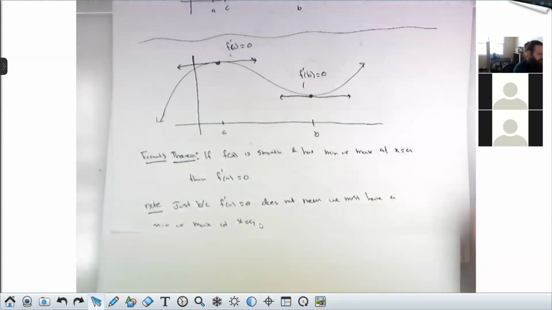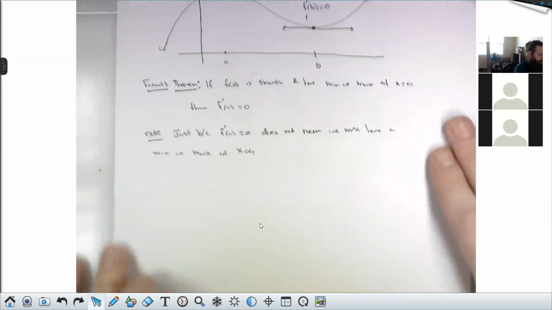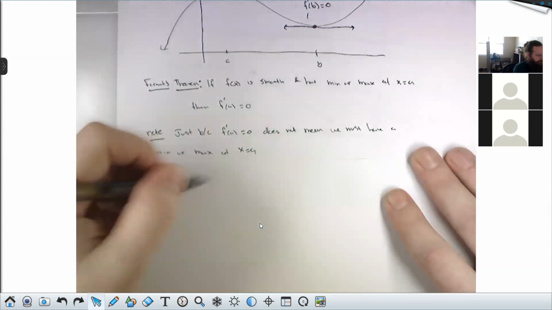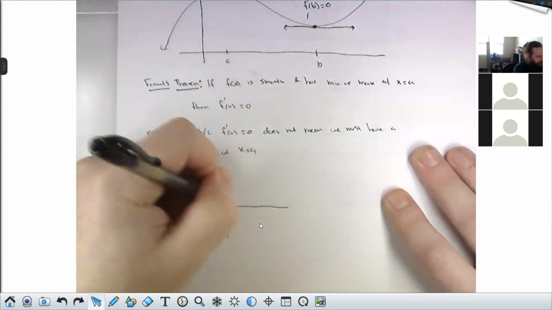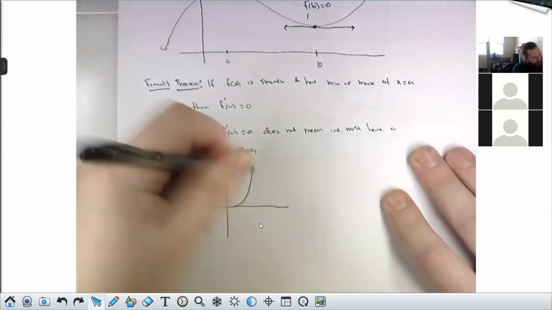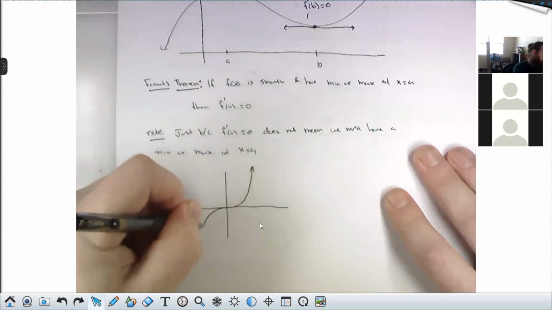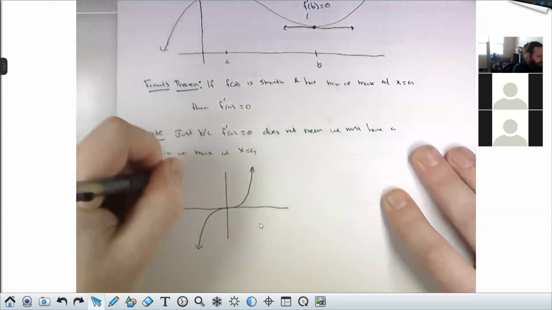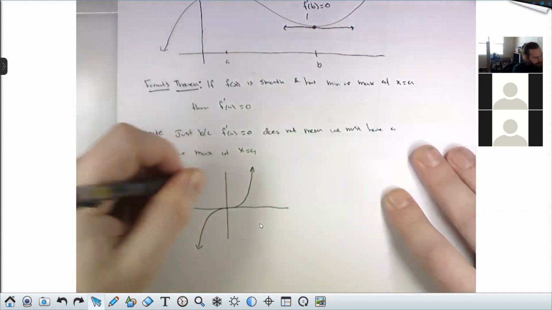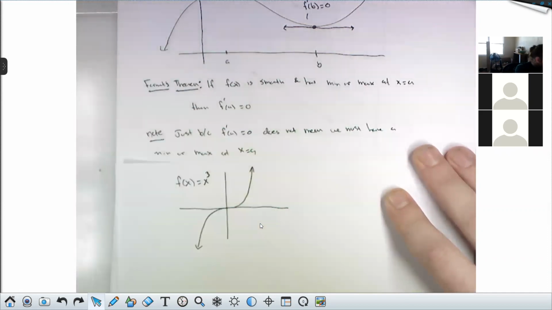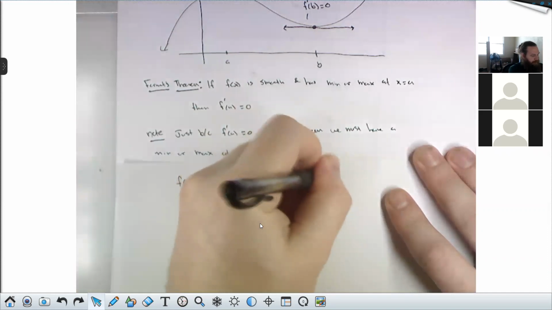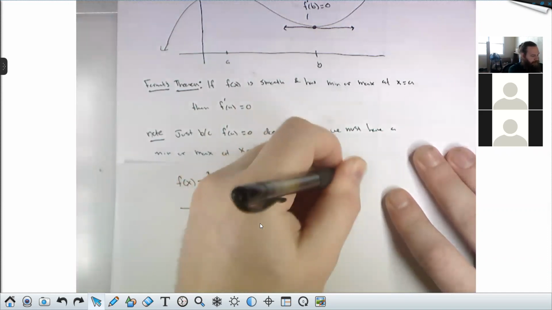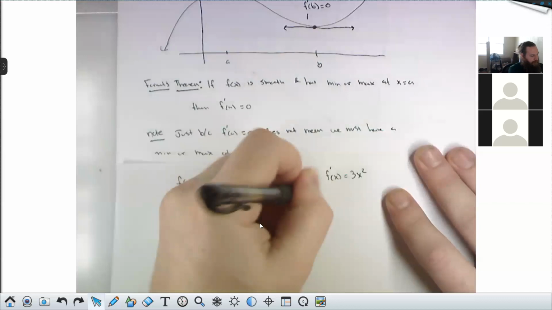If we look at the cubing function, it looks like this. This has f prime of x equal to 3x squared.